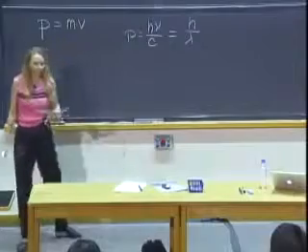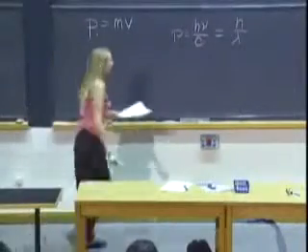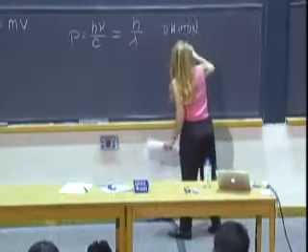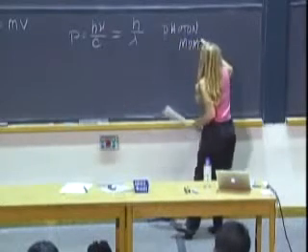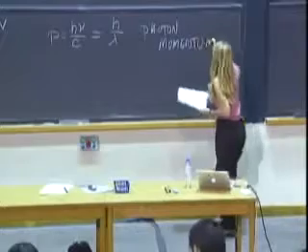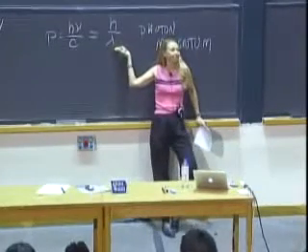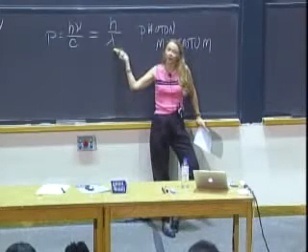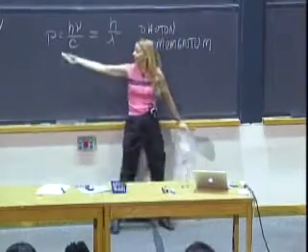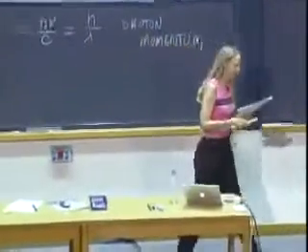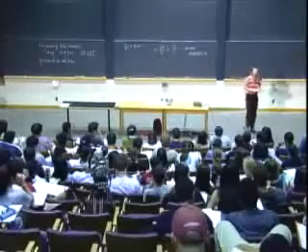So if you have radiation at a wavelength lambda, those photons have this momentum p, given by h over that wavelength.